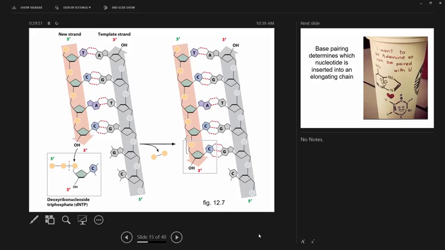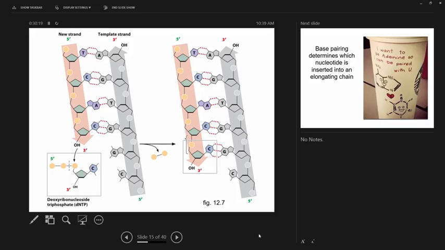When it comes in, the 3 prime hydroxyl on the chain is going to attack right here and lead to the joining of the new nucleotide to the old one through the phosphodiester bond. This is the pyrophosphate that comes off, and it decays to make two inorganic phosphates, driving the reaction to completion, and that's what you get here.